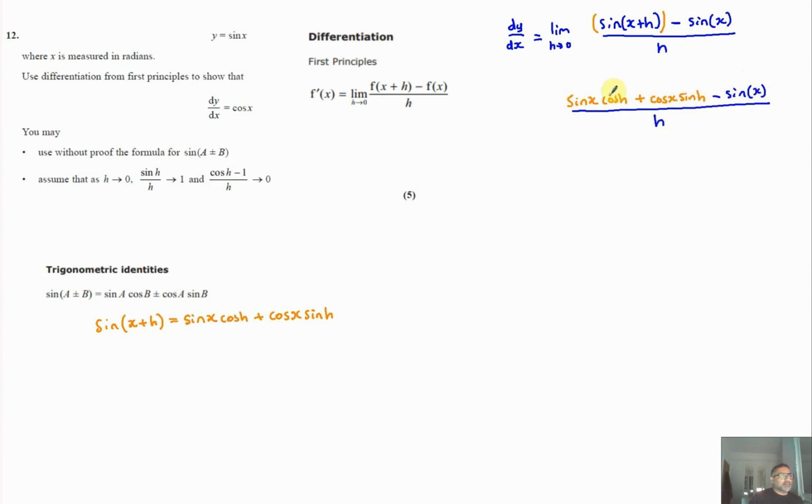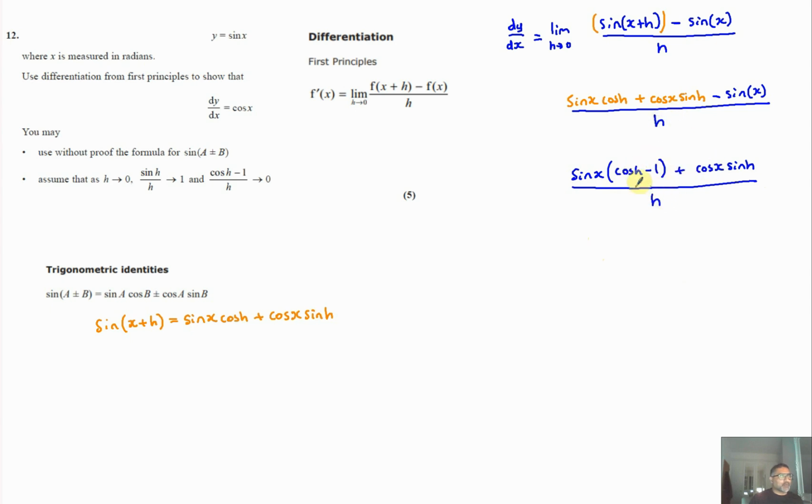Let's neaten this up by factorizing out the sine x's. So that will be sine x of cos h minus 1, and we've got the plus cos x sine h over h. Now from here I'm going to split that up into two separate fractions, and we don't need to use partial fractions.